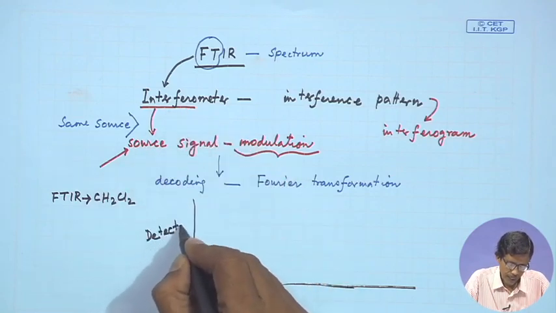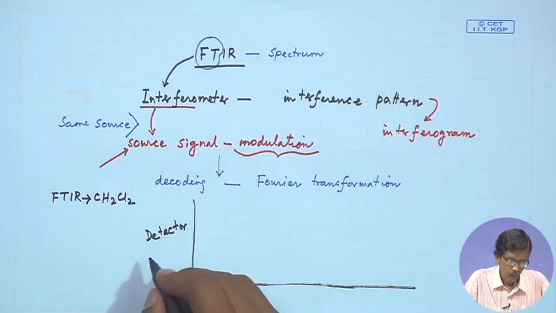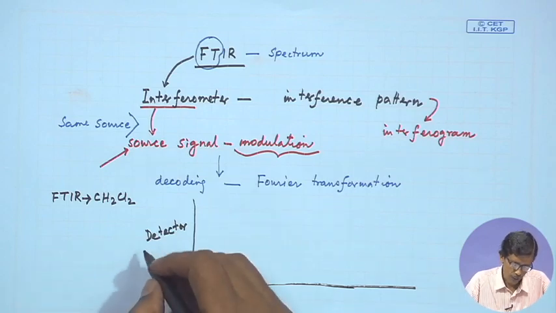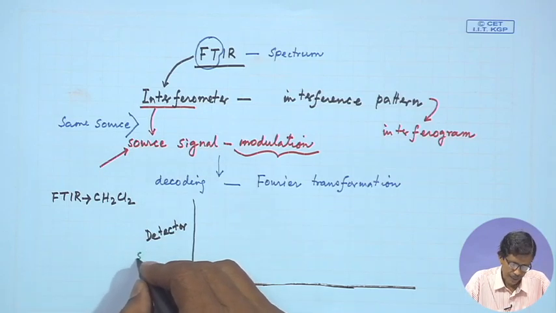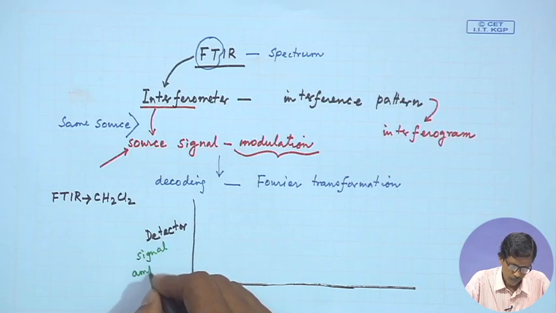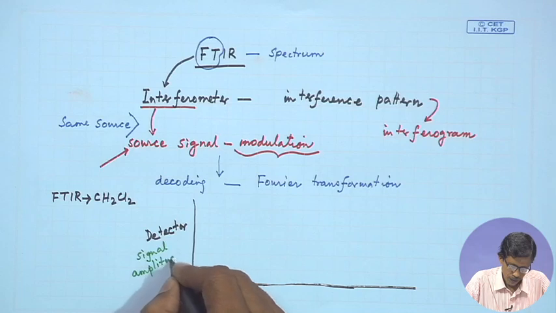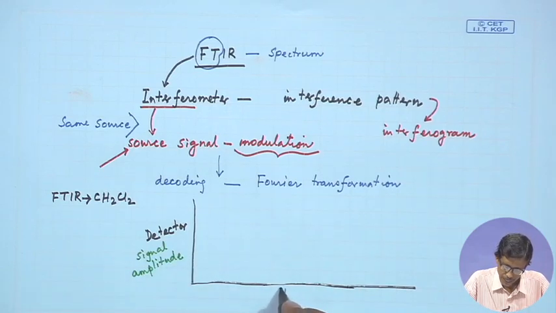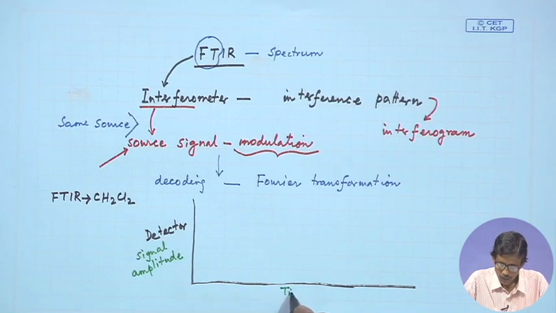The detector is sensing something we can consider as its signal amplitude. So the detector signal amplitude can be measured, and we simply plot it against time.